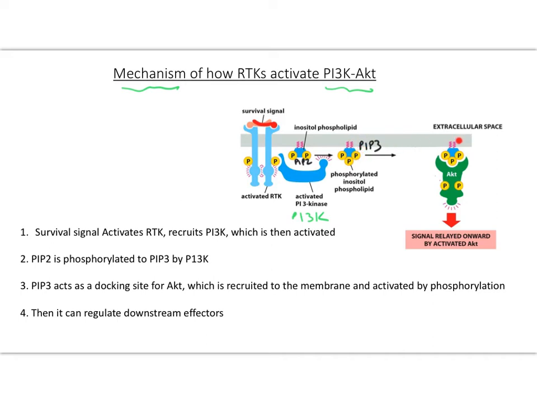Then PIP3 is going to be an active docking site for AKT, which is then recruited to the membrane through this phosphorylation, and then it stimulates downstream effectors. One more thing I want to mention is that these survival signals can often be growth factors, and in particular one of them might be insulin growth factor.